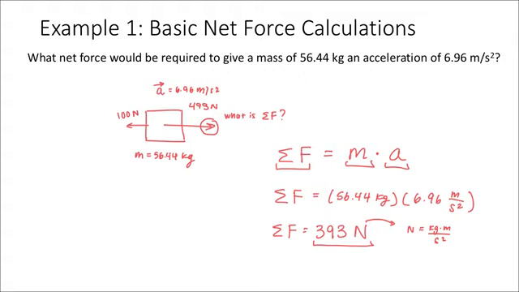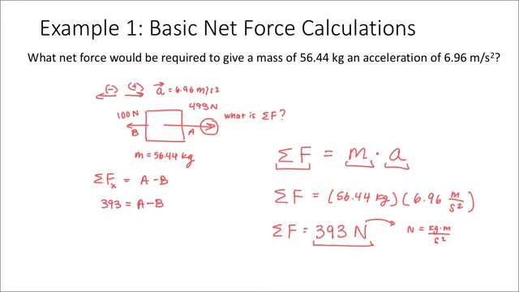Now, again, the reason I know that is if I call this force A and this force B, right, the sum of the forces in the x direction in this problem is going to be equal to A minus B. If I call left negative and I call right positive, then in this case that would mean that 393 is equal to A minus B.